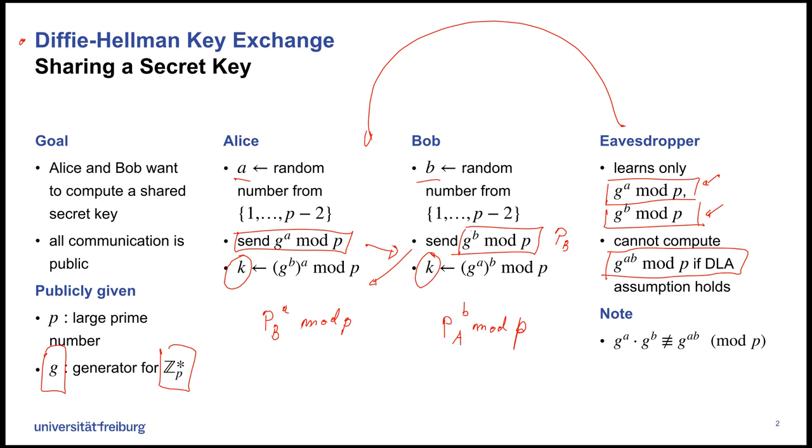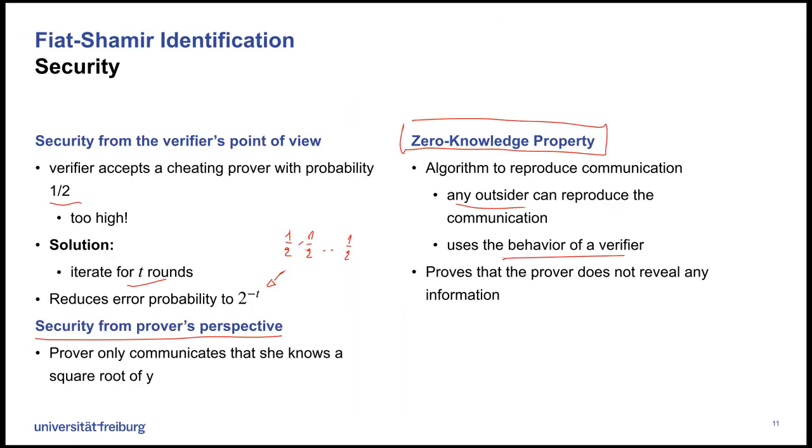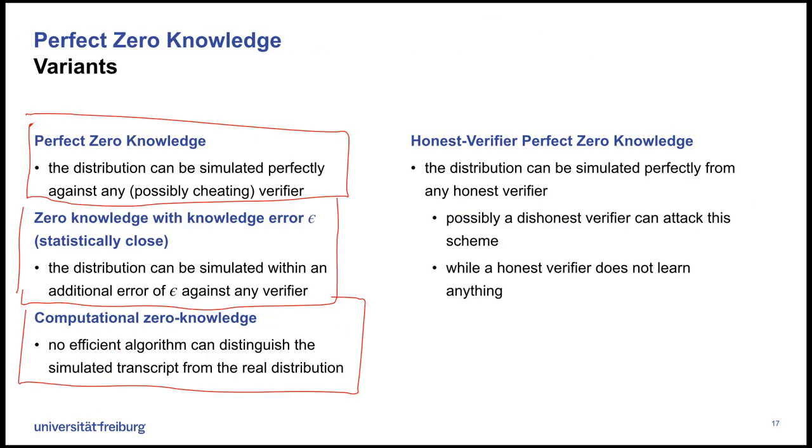Of course you could emulate the communication, but you have no chance to get K, because no algorithm can compute it under certain assumptions. Sometimes you cannot produce zero knowledge, but the best thing you can do is say that no efficient algorithm can distinguish a simulated transcript from the real distribution. You could produce a transcript that looks random but is not, and you cannot distinguish it from the real distribution by any algorithm under certain assumptions.